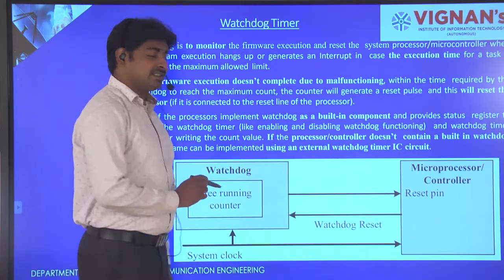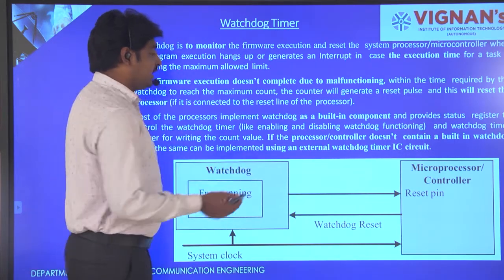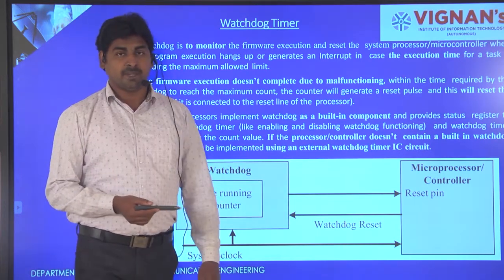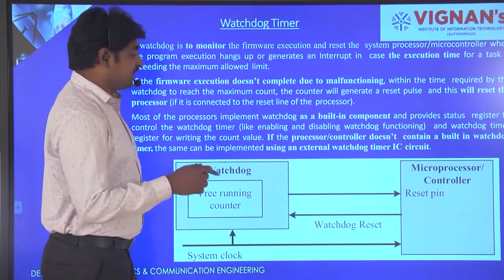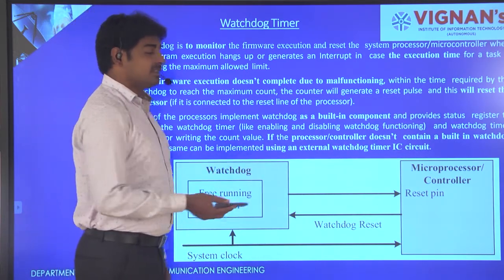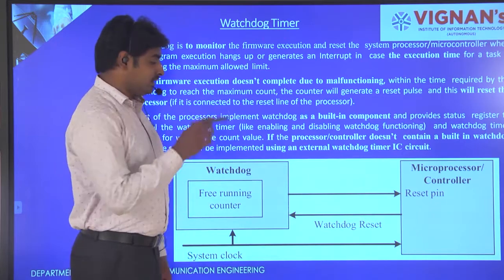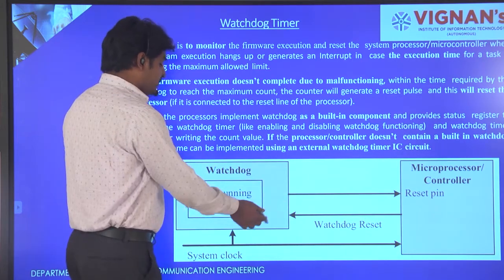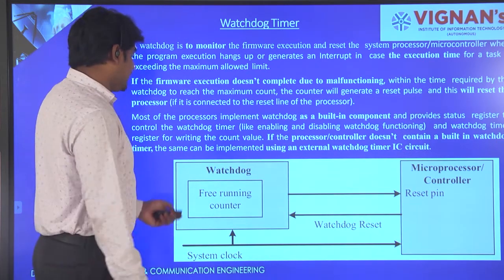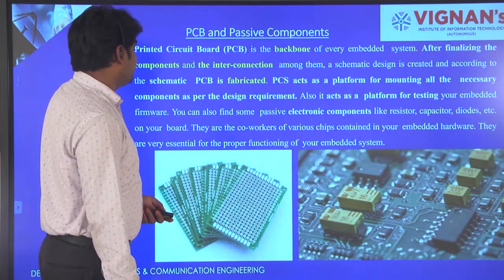If it is not reset, then things will not happen in a normal way. Even if it is not required, your watchdog controller will reset the microprocessor. So to avoid that, a watchdog reset has to be given to the free running counter present in the watchdog chip.